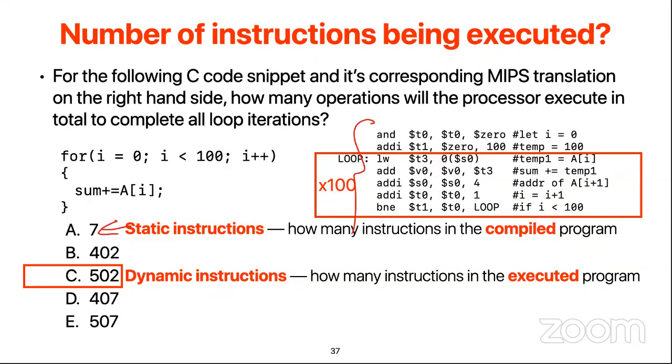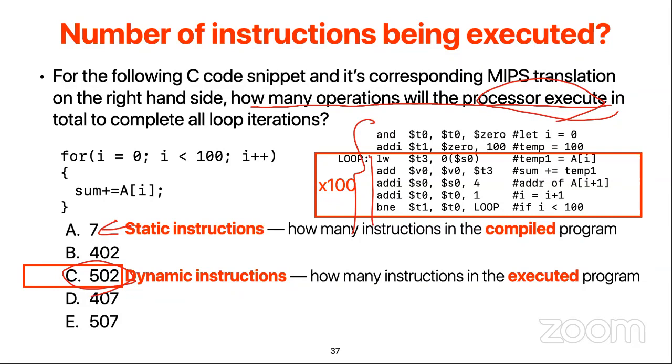But for this question, we are especially curious about how many operations the processor executes. When you start running the program, this loop will be unrolled 100 times, and the resulting number of instructions that your processor executes will actually be 502.